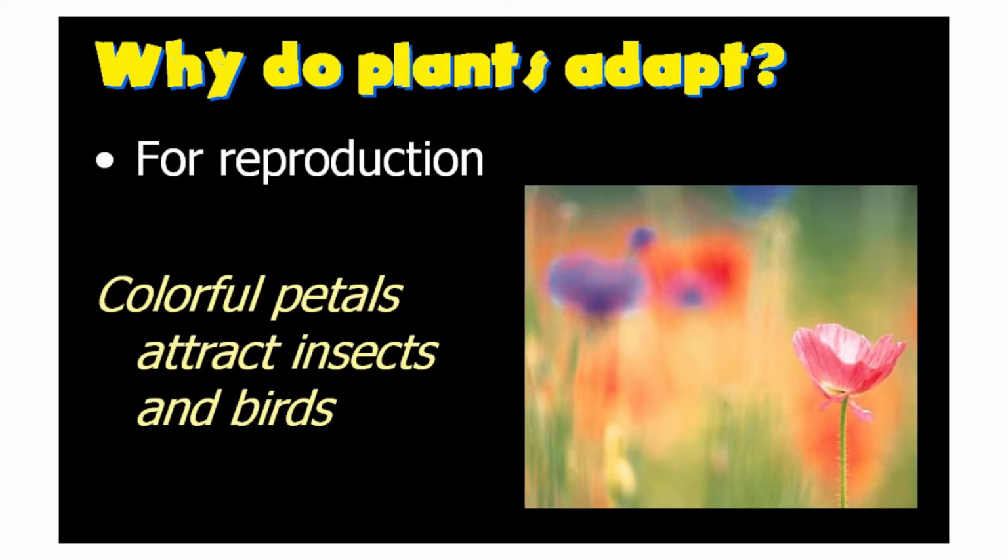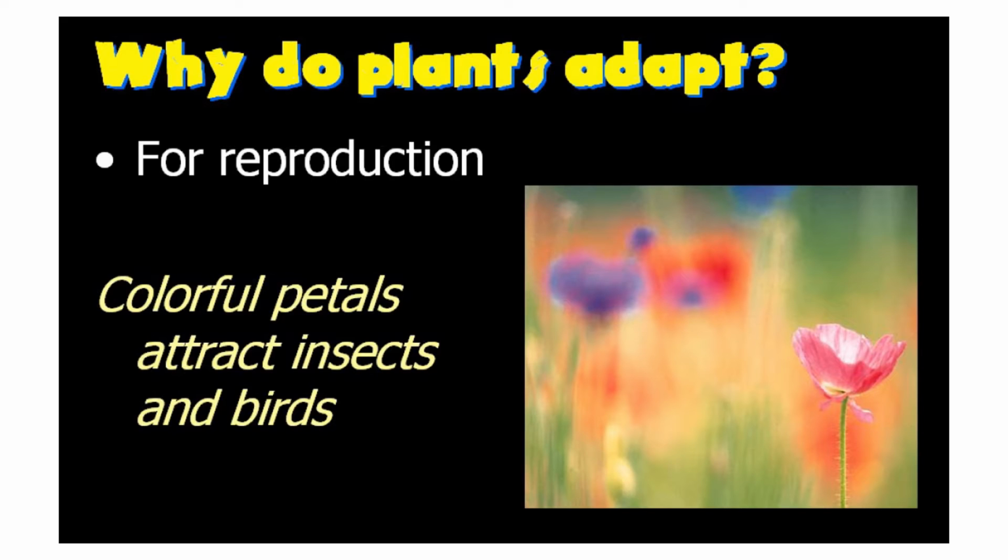In other cases, you see plants that tend to produce flowers of darker or attractive colors in order to help them with reproduction. That is, they help the plant to attract pollinators and fertilizers, that is, insects and birds.